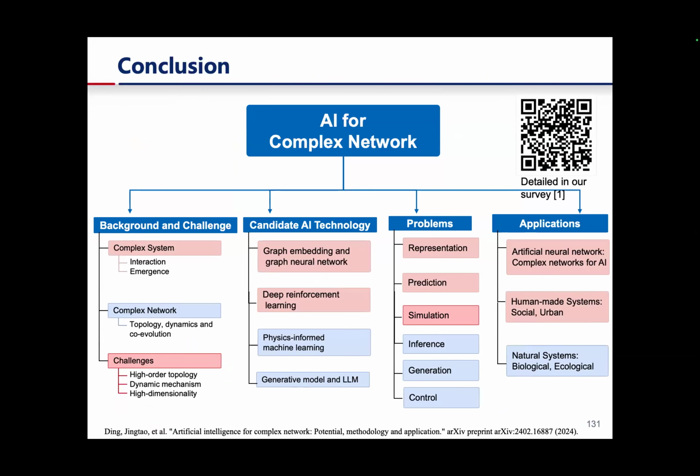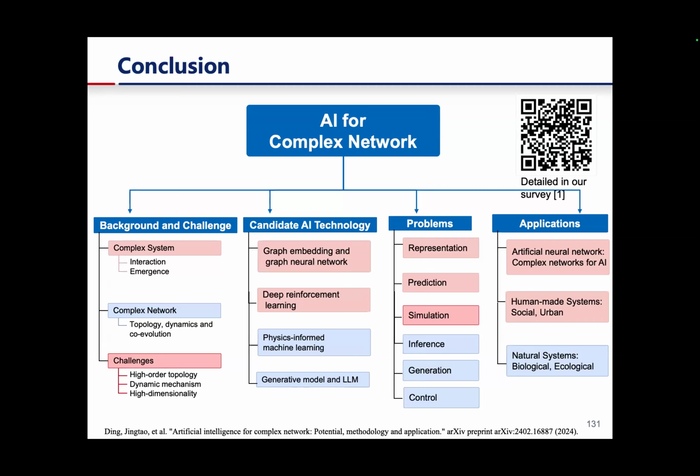So in today's tutorial, we started from the background and the challenge for using AI technology in complex network science, and we also reviewed some candidate AI technologies such as graph embedding, GNN, deep reinforcement learning, PI/ML, and generative models.